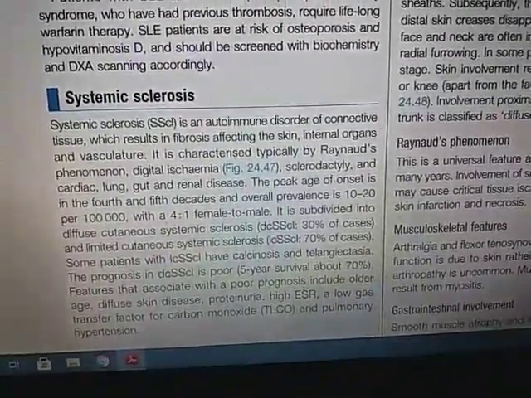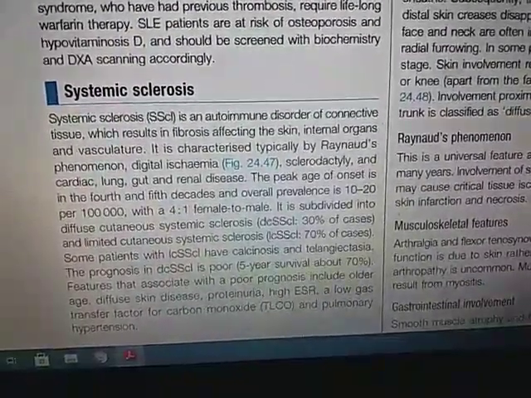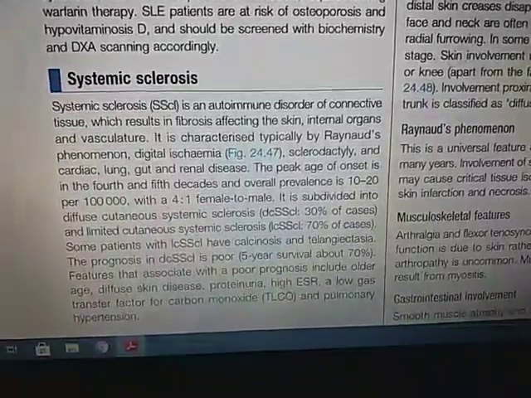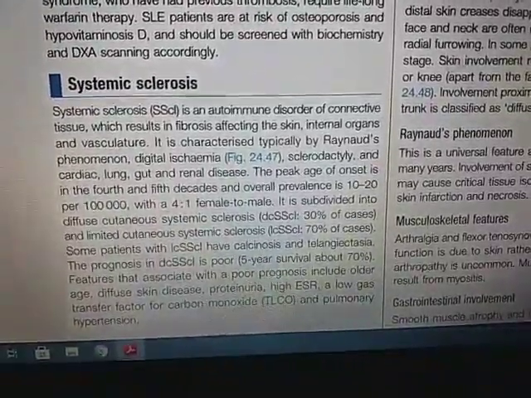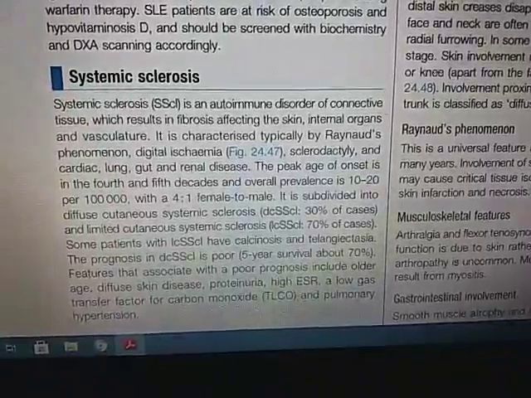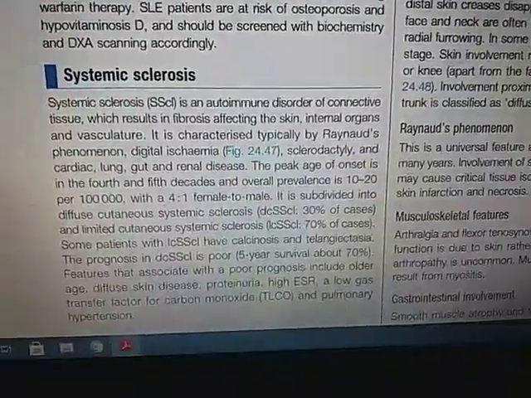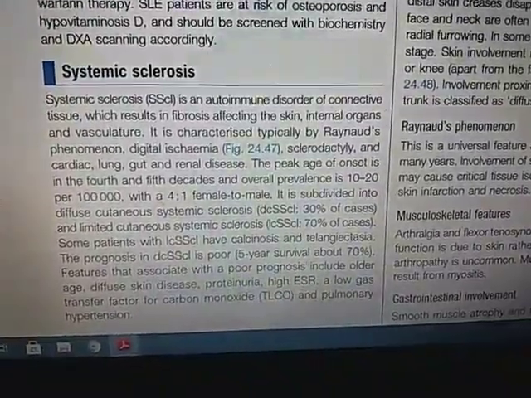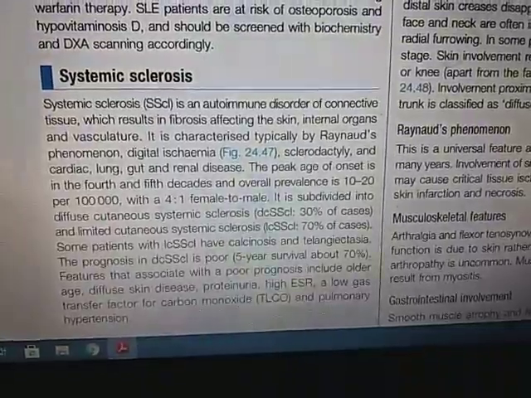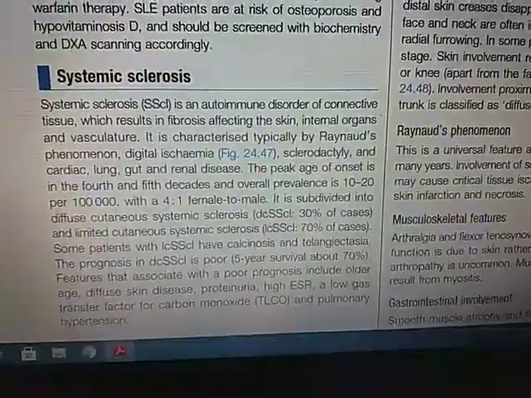Systemic sclerosis might be localized to skin, and in such a condition it is of a better prognosis, or it might be generalized, involving skin and internal organs.